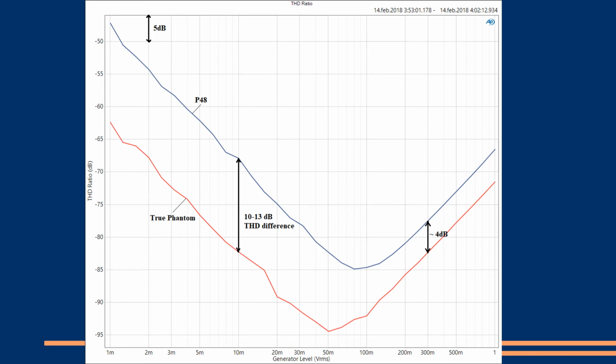When there is only 10 millivolt input, there is a difference of 10 to 13 dB between the standard and the true. And this is the reason why the ambient sound of recordings is so good with the true phantom, that are weak signals, and then the difference is even stronger than at higher inputs.